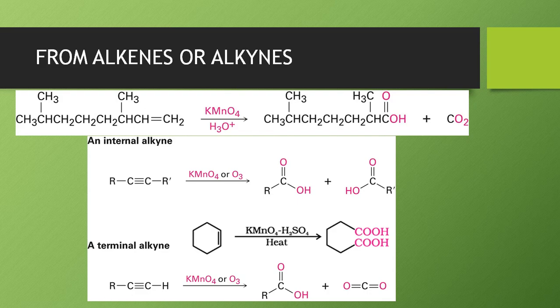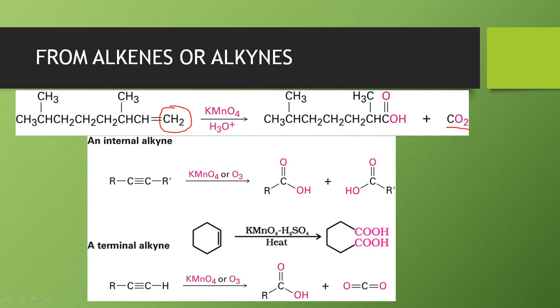Now, this is an alkene. On oxidation, this terminal CH2 group gets converted to carbon dioxide and the rest of the part of the alkene gets converted to carboxylic acid.